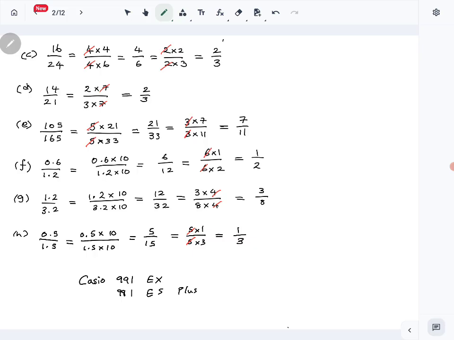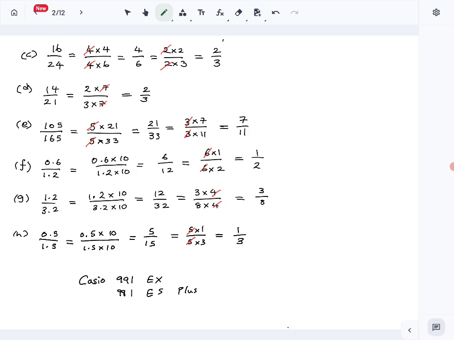In those two calculators, there's a button where you can convert decimals to fractions or fractions to decimals. So using that button, you can get the simplified form of a fraction.